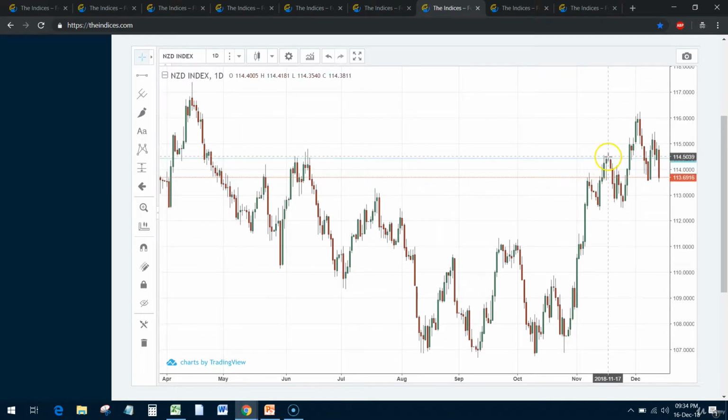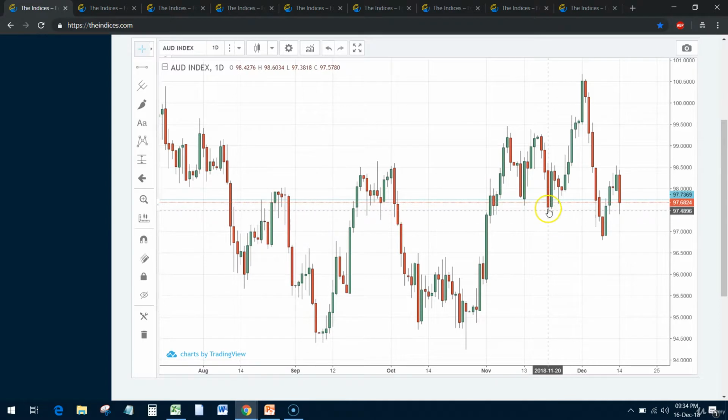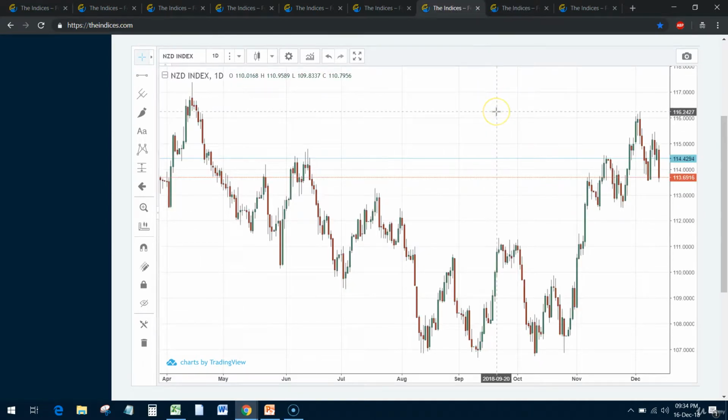So as you can see, there is resistance over here, and Australian dollar is at the support level. So AUD NZD is one of the toughest pairs to trade because they mostly are range bound, and movements in them happen rarely. If they happen, they give you some good returns.